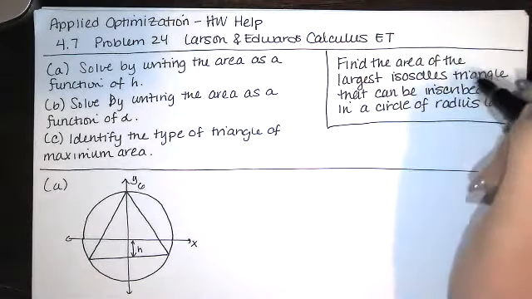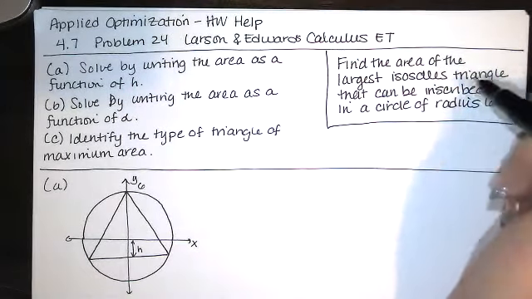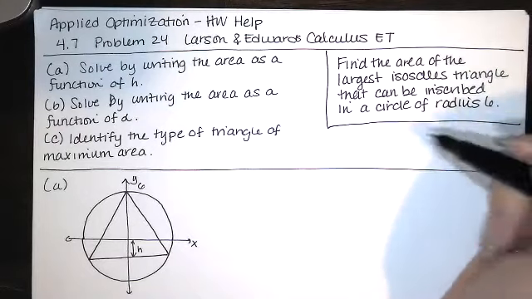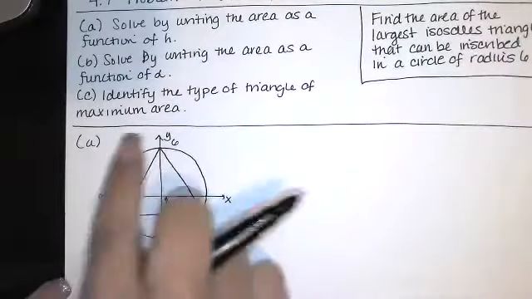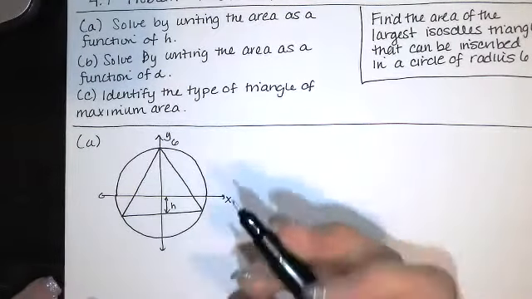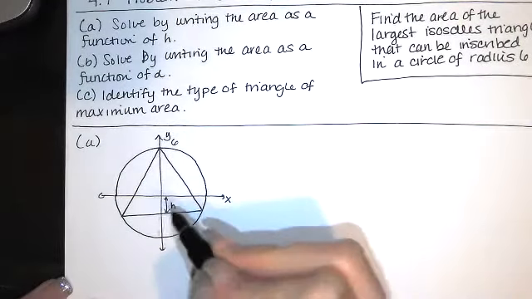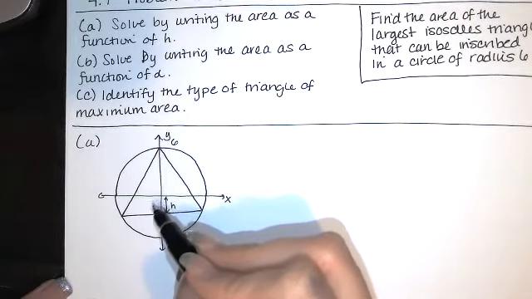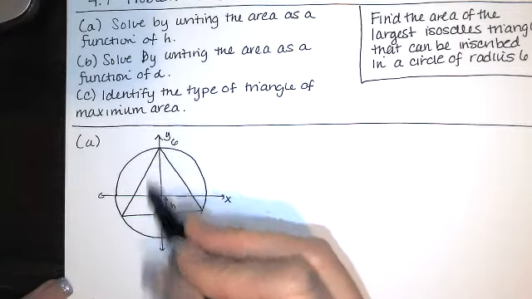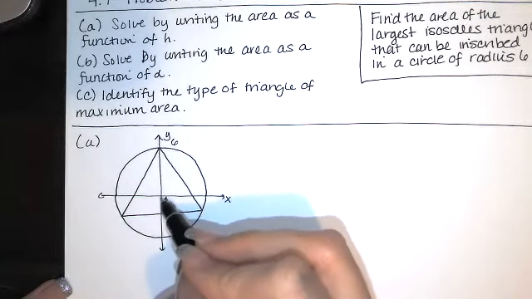It asks us to find the area of the largest isosceles triangle that can be inscribed in a circle of radius 6. Now they didn't add this coordinate system. I added a coordinate system though. Since it's a circle of radius 6, I think the easiest way to describe that circle is to place it in the xy plane with its center at the origin.